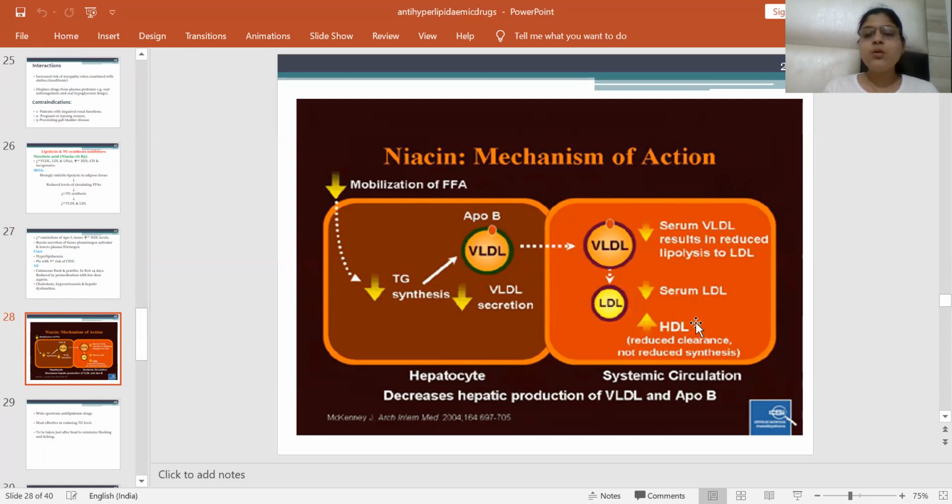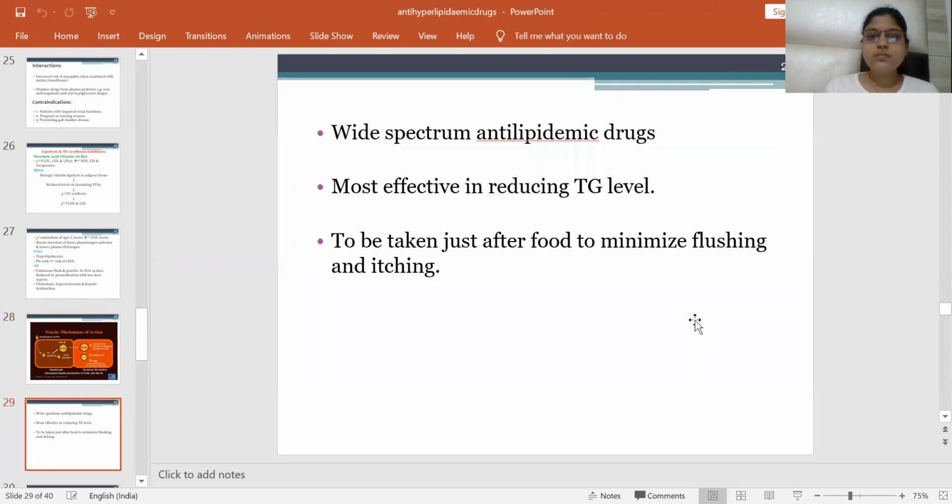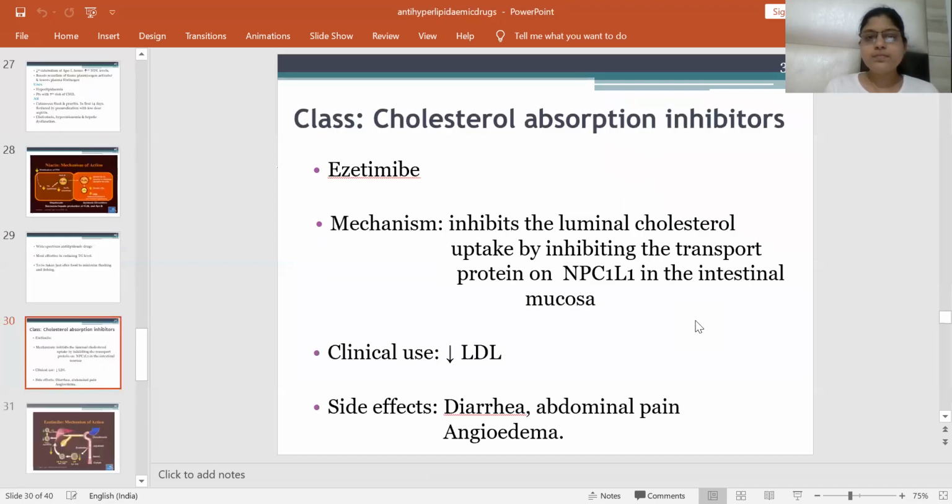HDL will increase because of reduced clearance. It is a wide spectrum anti-hyperlipidemic drug, most effective in reducing triglyceride levels, to be taken just after food to minimize flushing and itching, because food will decrease the absorption, and it should be given after food to minimize flushing and pruritus.